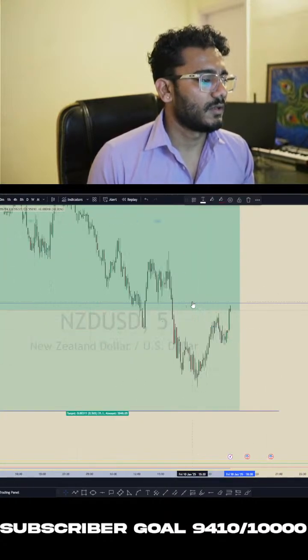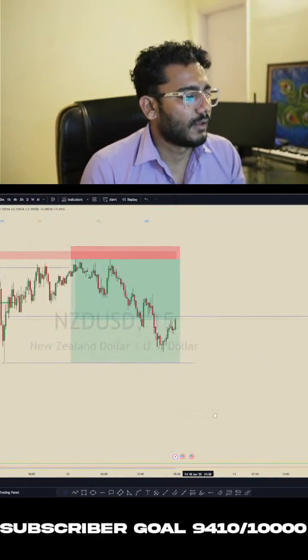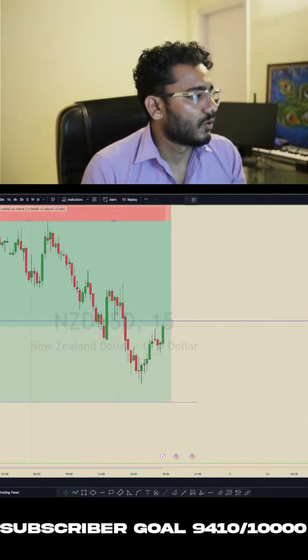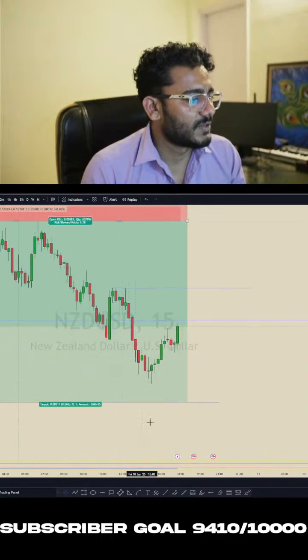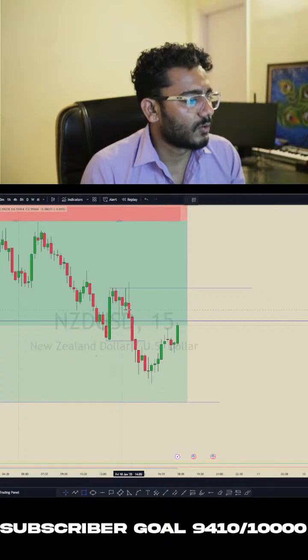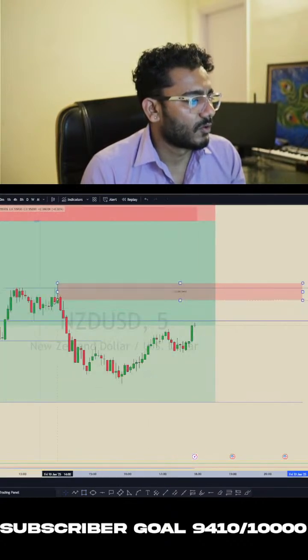So NZD USD, we can see yesterday I sent this signal on the Telegram channel. Right now on NZD USD it's doing the same thing. Price has swept these lows and broken the structure. We have this order block. If we go to 5 minutes, we can see there's an order block, which is this one.